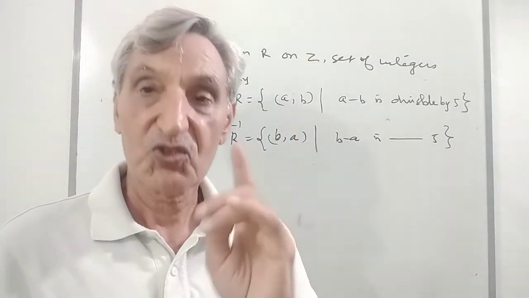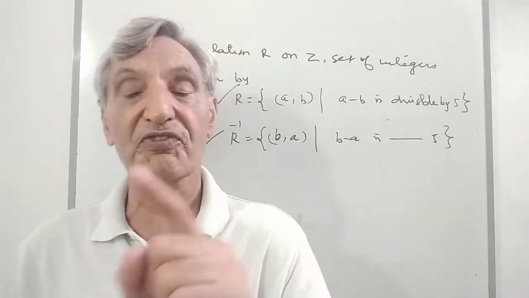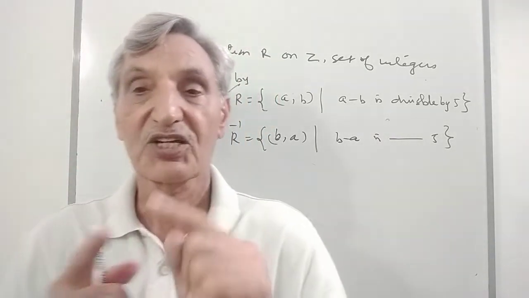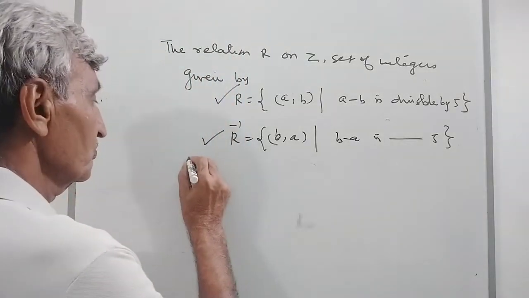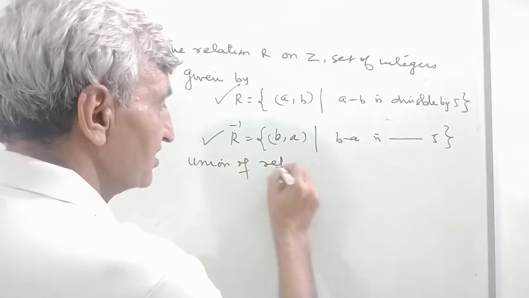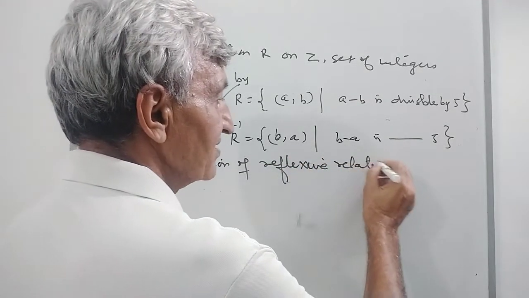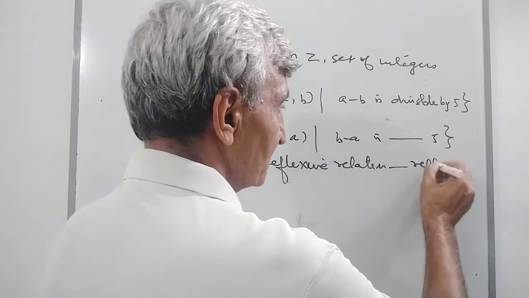Union, I said union of two reflexive is reflexive, not intersection. Union of reflexive relations is reflexive.